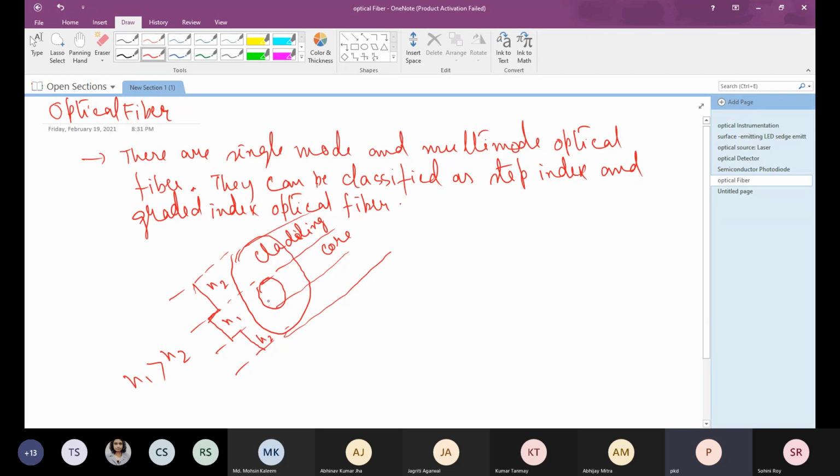However, for instrumentation and communication purposes, usually this delta n, that is n1 minus n2, is very small, and the acceptance angle of light through this core, that will satisfy the total internal reflection condition, is for a small angle.